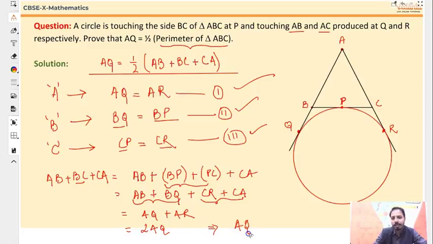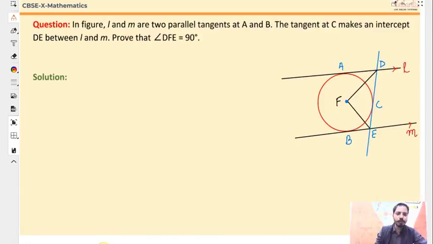I got AQ is equal to half of AB plus BC plus CA, or in other words, half of the perimeter of the triangle ABC. So in this way, by using this simple theorem, we can prove or solve these types of numericals. So all of you got it? Okay. Now let's see what else can we do with this.